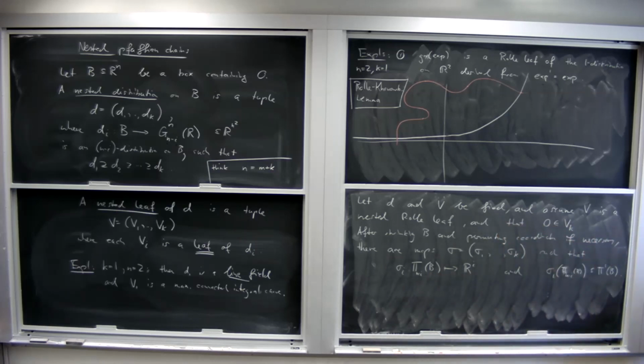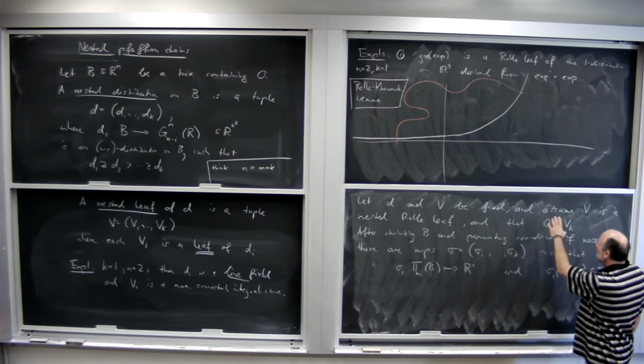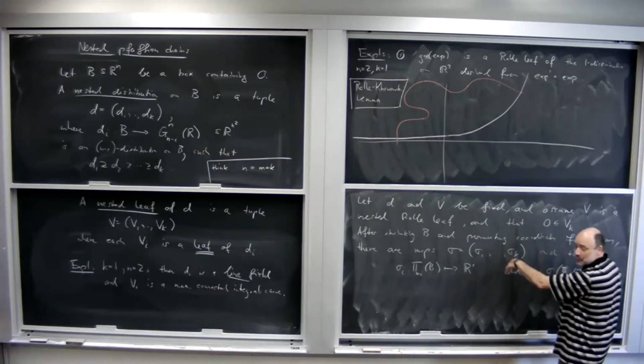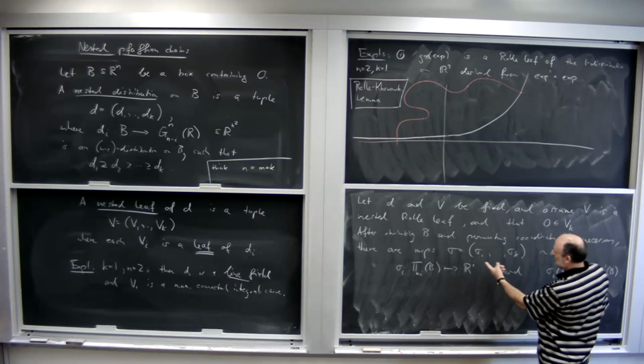Right, so the whole graph is in the box B, like we were saying. Okay, so up to permuting coordinates, we can assume that, in fact, each of the leaves here is the graph of such a map. Make sense?